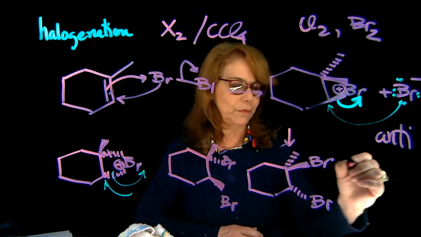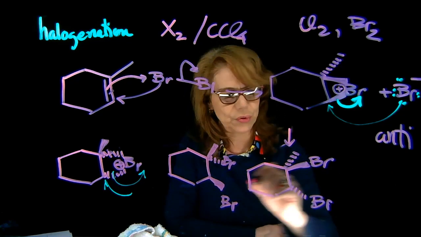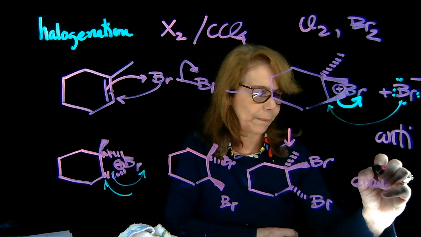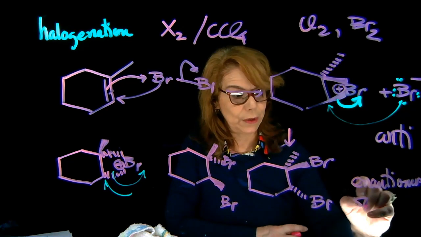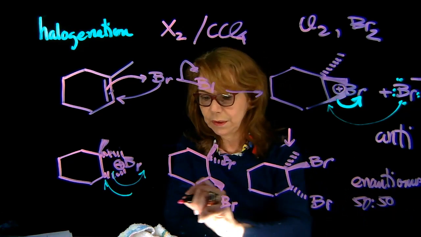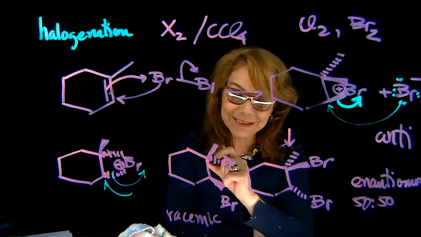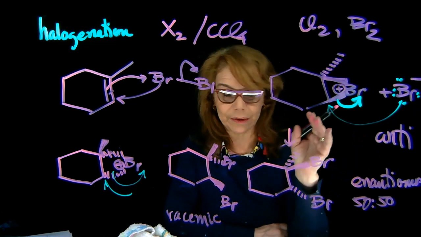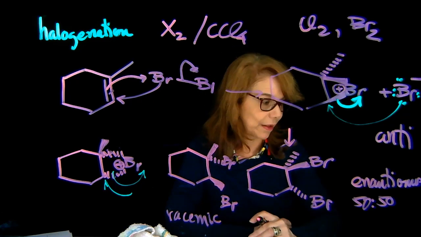The center is inverted, so you are producing a pair of enantiomers. So these two are enantiomers. And pretty much this is a 50-50 ratio. So the product is racemic. So if you're being asked if the product is optically active, this is not, because it is a racemic admixture.